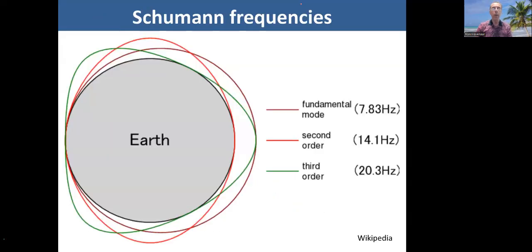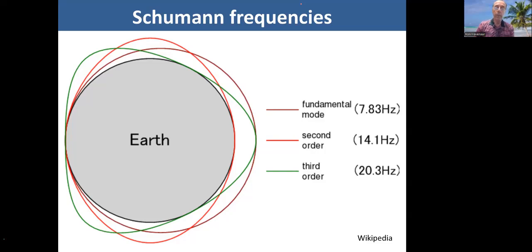Okay. First of all, what are Shumann frequencies? These are related to the electro-atmospheric substances in the Earth. So there is a fundamental frequency, but a second order and a third order, fourth order, etc. So there are higher orders. You compare that with higher tones. Every instrument has a bass tone plus higher frequencies.